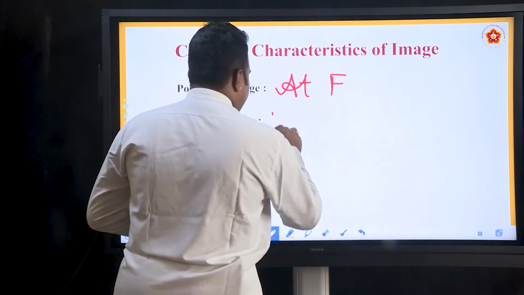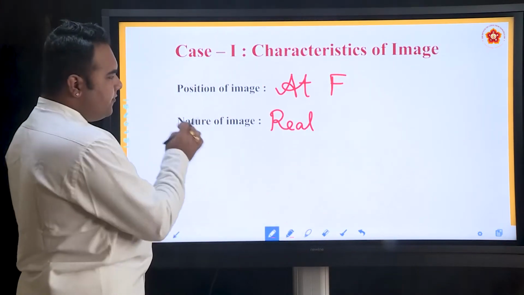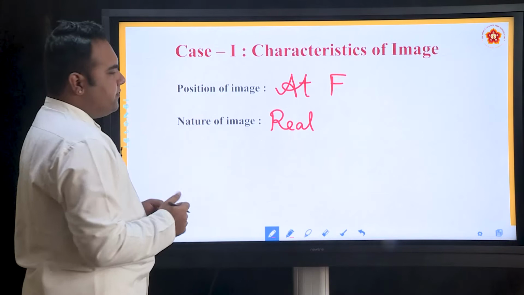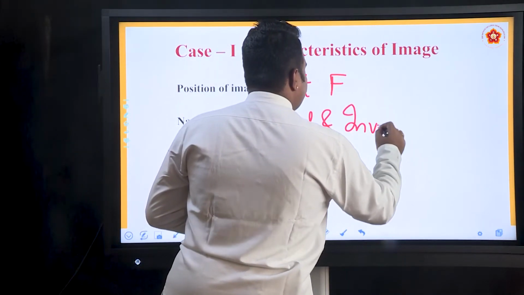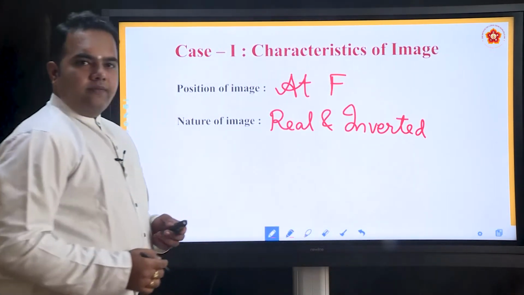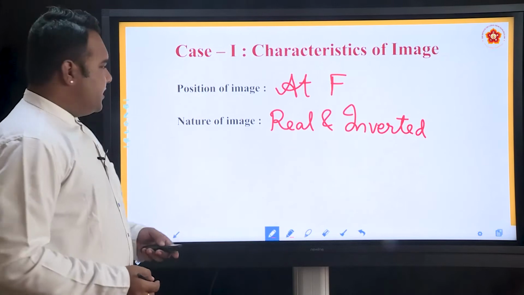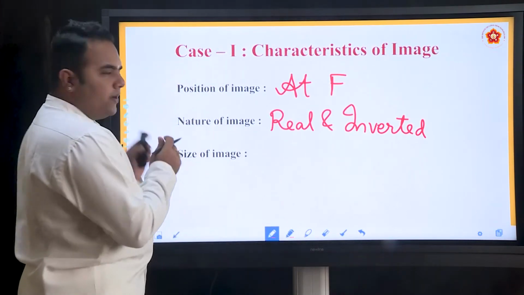It is a real image because it can be focused on a screen that is placed in front of the mirror, and it is inverted because all real images are inverted. Any virtual image is erect. And what is the size of the image? Very, very small compared to the size of the object.